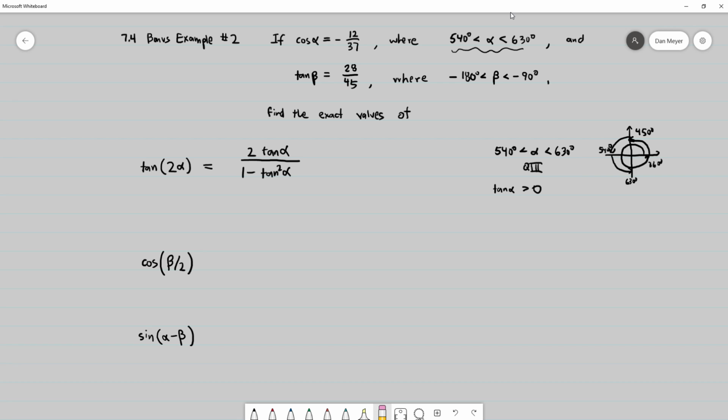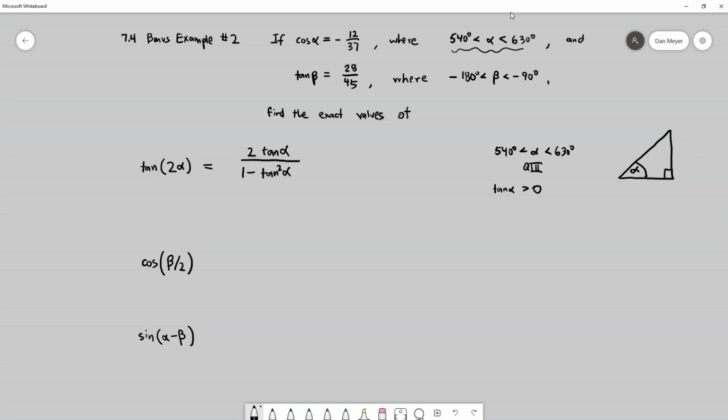So, all right, let's go ahead and use our triangle now to figure out what the value of tangent of alpha is going to be. I wish there was a better word than absolute value. I don't like using that terminology.